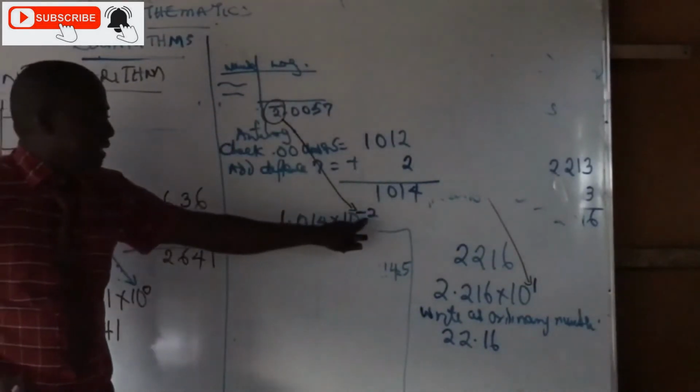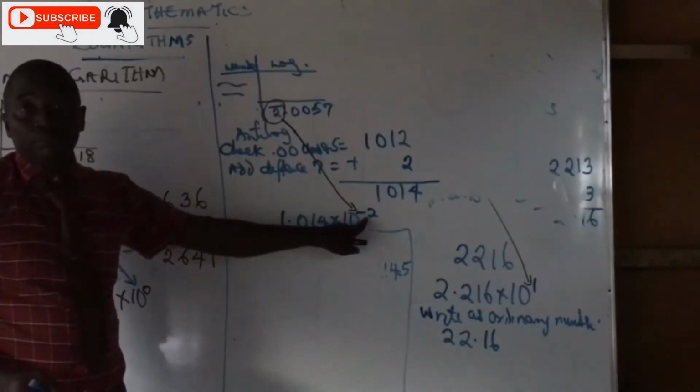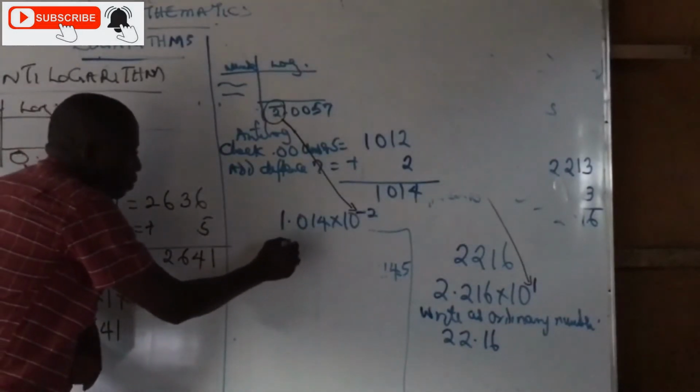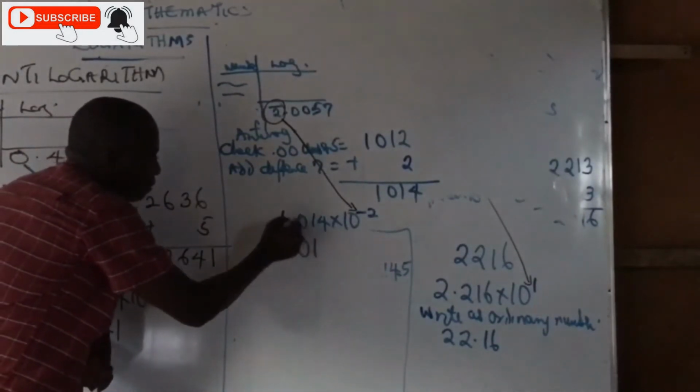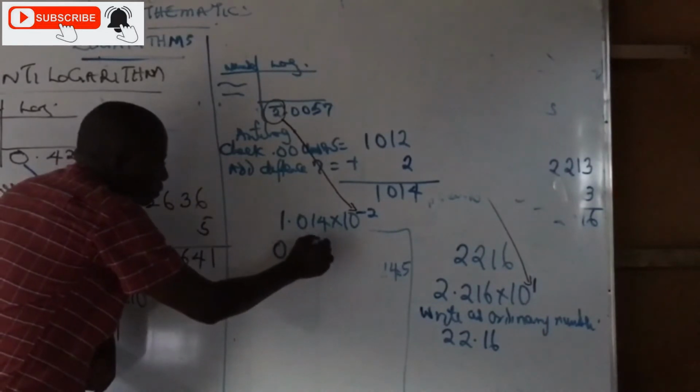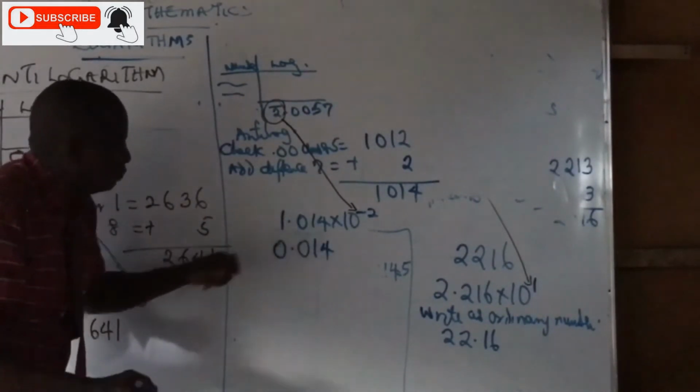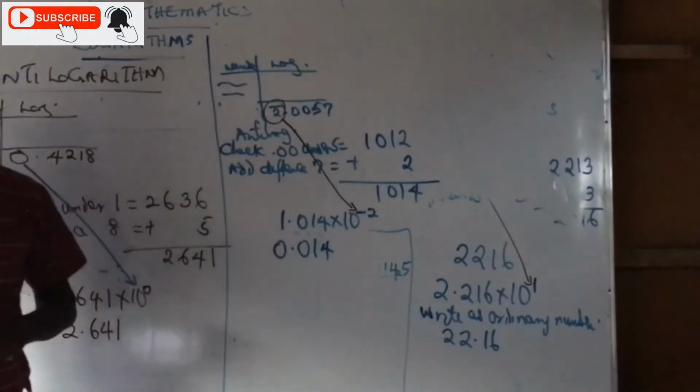And when this is written as an ordinary number, the decimal point will be shifted backward: 0.01014. That will be the final answer.